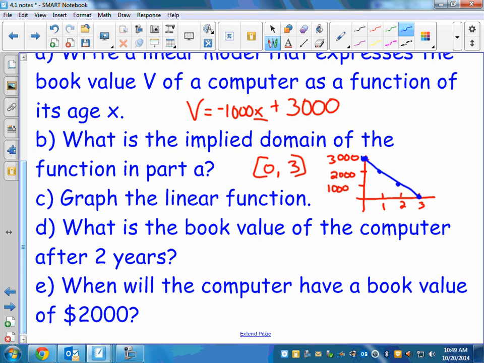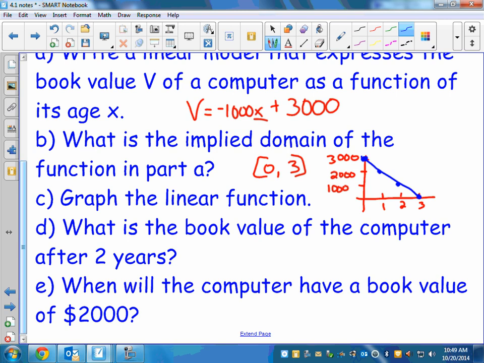If you have the graph or the equation, you should be able to answer part D and E. But again, it's giving you different values, sometimes giving you the x, sometimes asking you for the y value. So part D says, what is the book value of the computer after 2 years? We could plug 2 in up here.